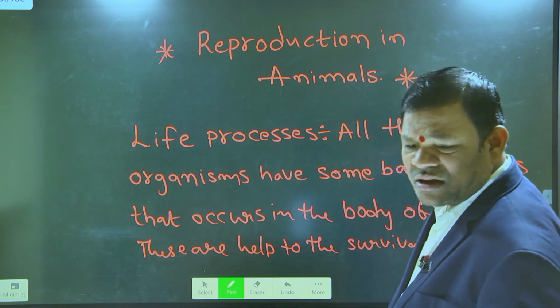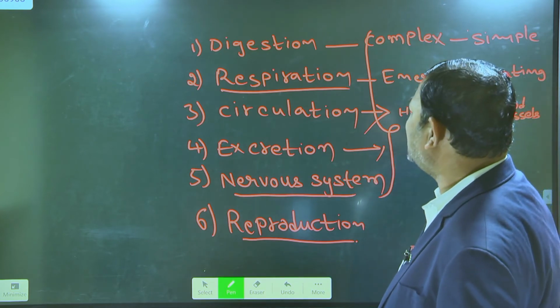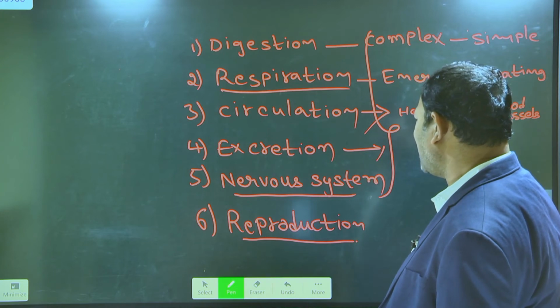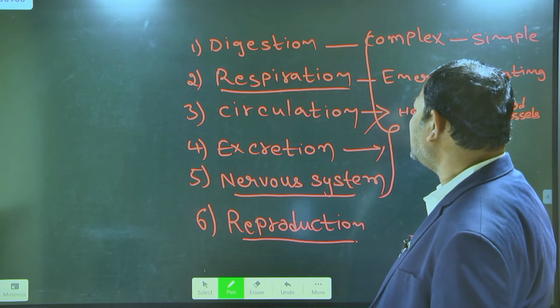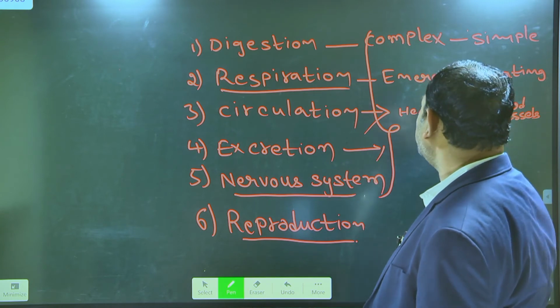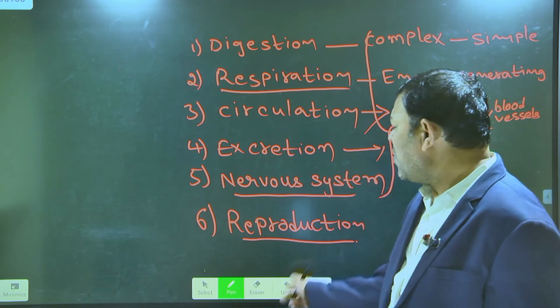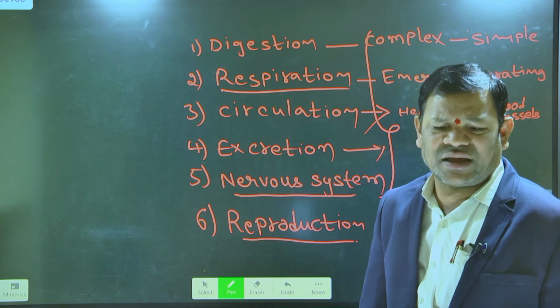Examples of life processes are digestion, respiration, circulation, excretion, nervous system, reproduction. Of these, digestion, respiration, circulation, excretion and nervous system help the survival of the organism. Only reproduction continues their races and increases their number.